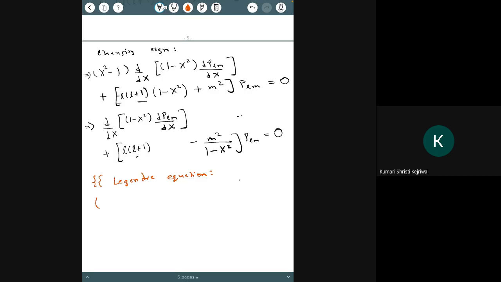So this is the Legendre equation, and it has this form, equal to zero, when x lies between minus 1 and plus 1, and n is an integer.